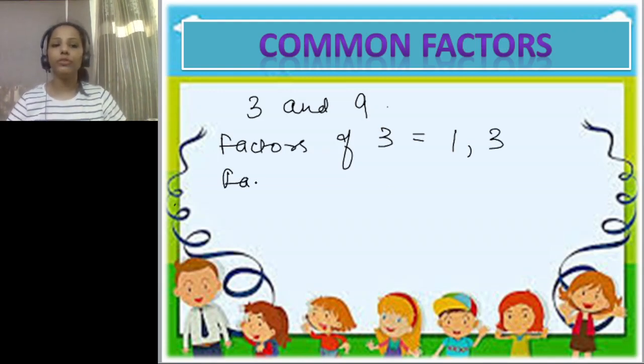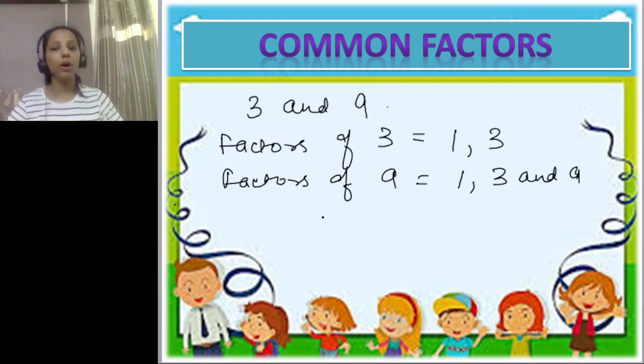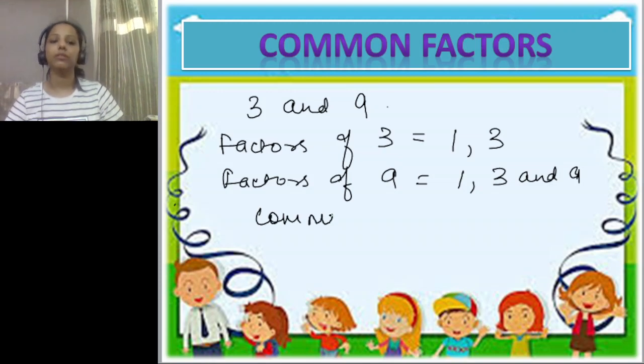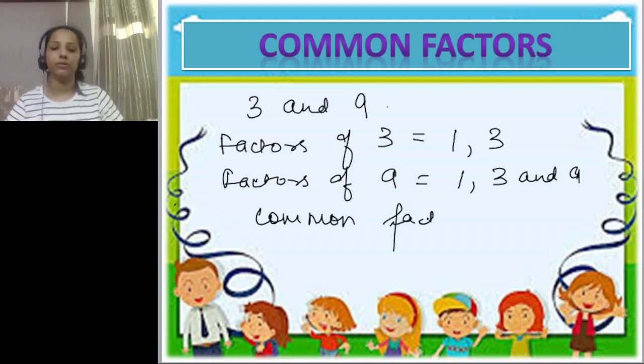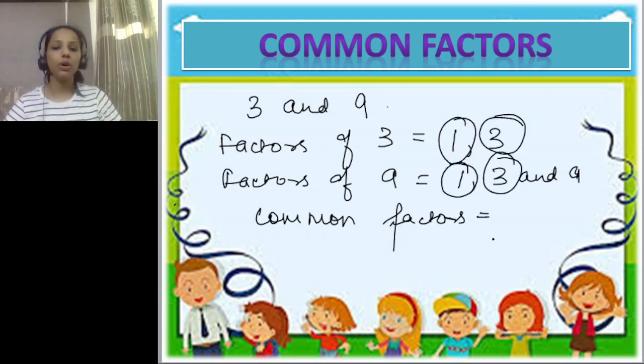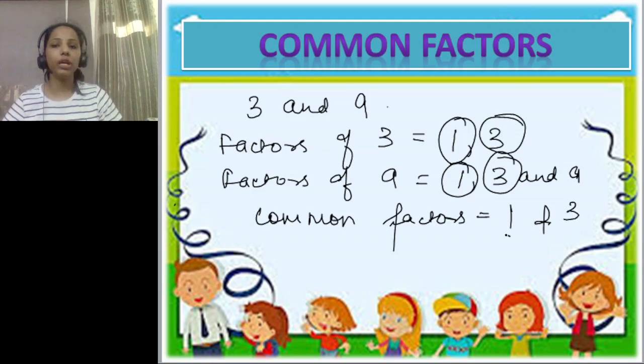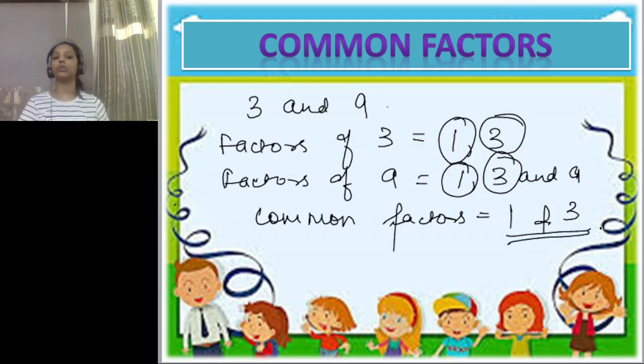And factors of 9 will be 1, 3 and 9. So the common factors: 1 is common and 3 is common. So 1 and 3 are the common factors of 3 and 9.